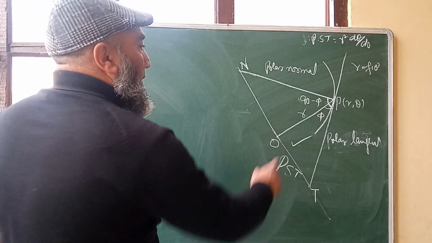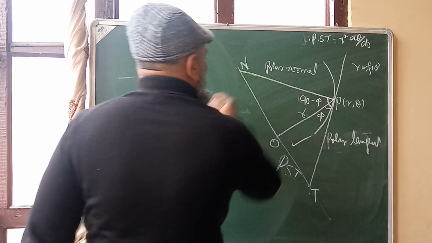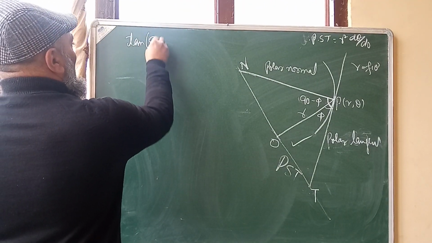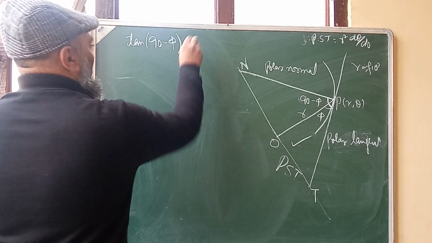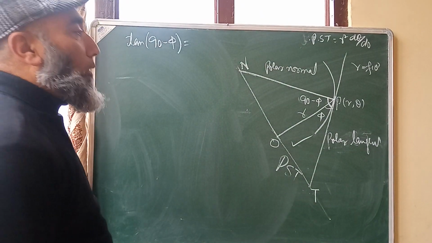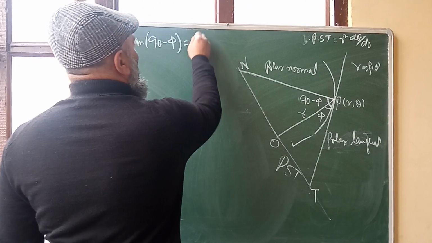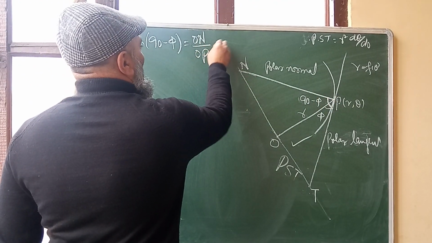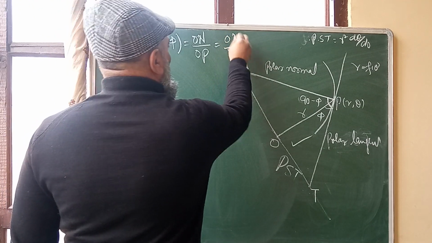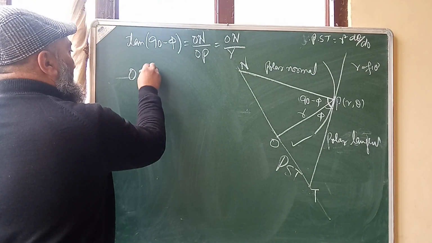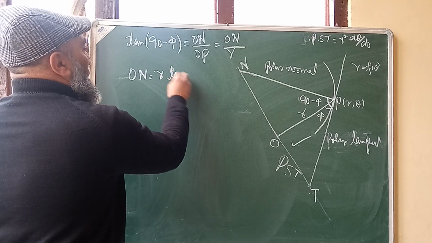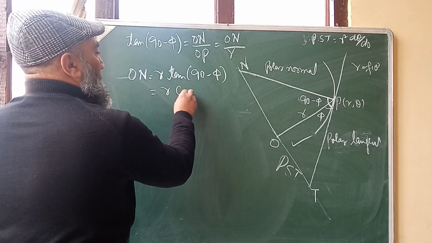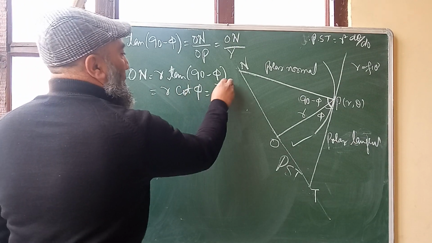Now from the triangle OPN, what is tan 90 minus phi? Perpendicular by base. This is the perpendicular ON, by base OP. So ON by r. So ON is r tan 90 minus phi. What is tan 90 minus phi? It is cot phi. But what is cot phi?